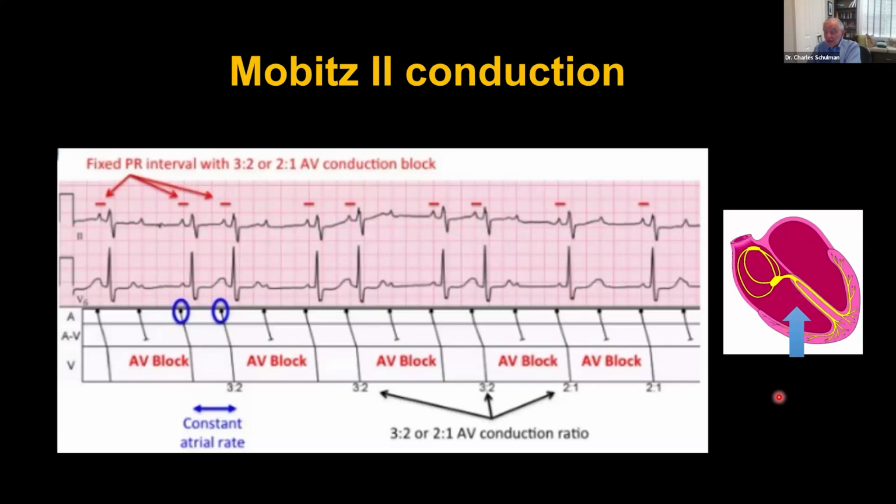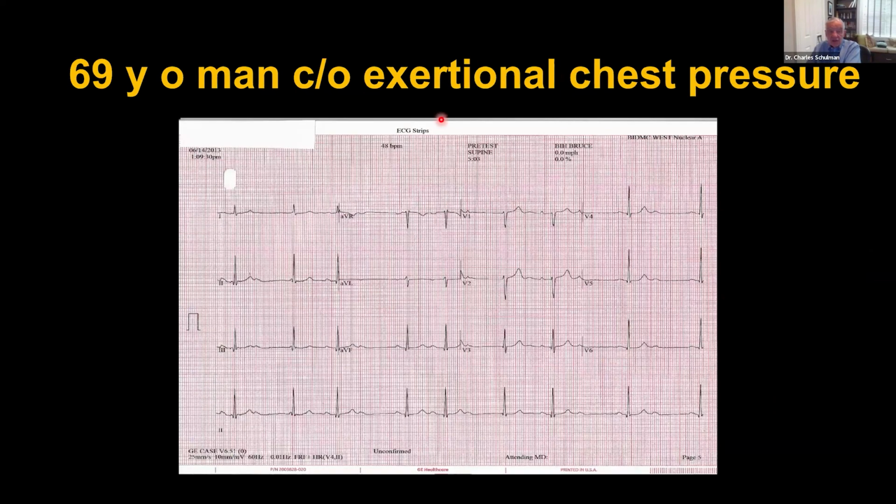Okay, so one of the ways you can try to tell the difference between Mobitz 1 and Mobitz 2, or Wenckebach and Mobitz 2, is to have the patient exercise. So this is a 69-year-old patient of mine. This actually is more than 10 years old already, 2013.